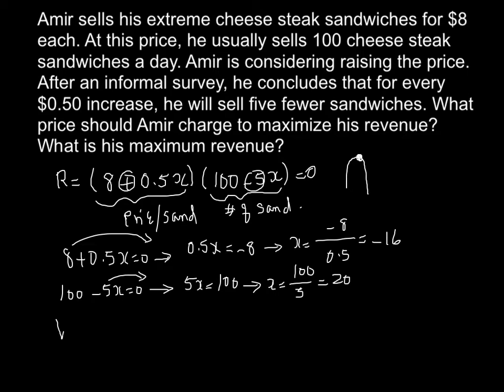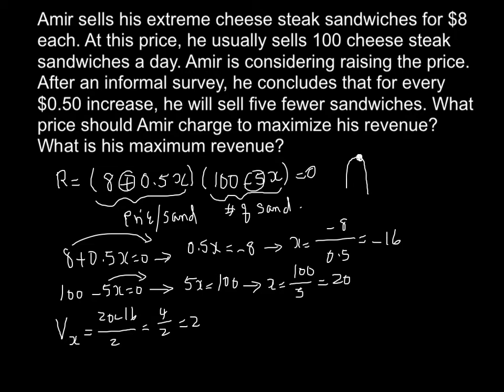So the x-coordinate of the vertex is 20 minus 16 over 2, which is 4 over 2, which is 2. This means that for maximum revenue, Amir has to increase the price twice.